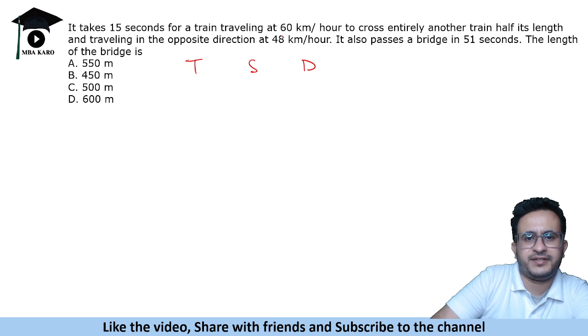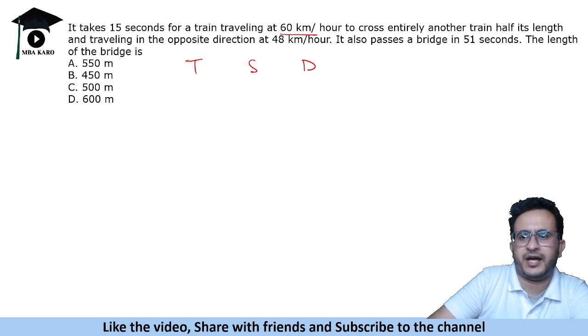There is a train that travels at 60 km per hour and another train half its length.